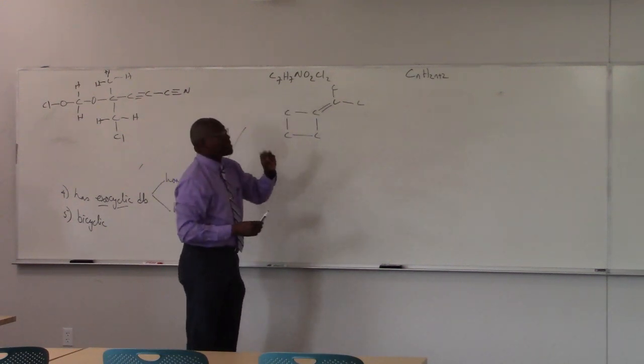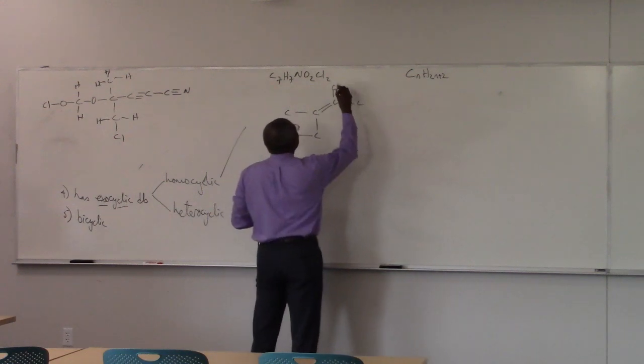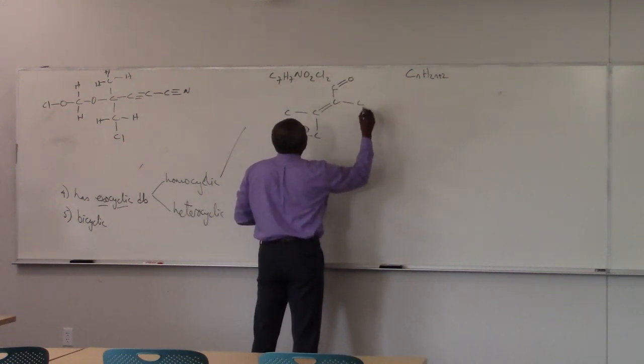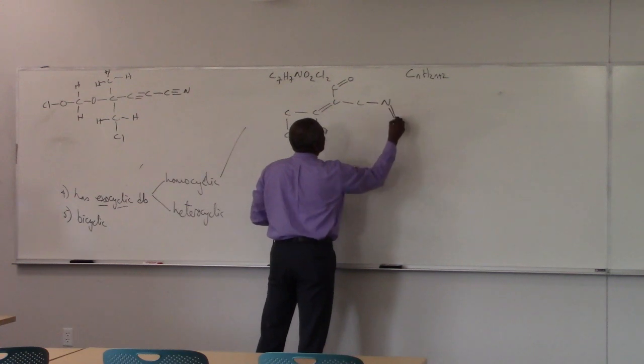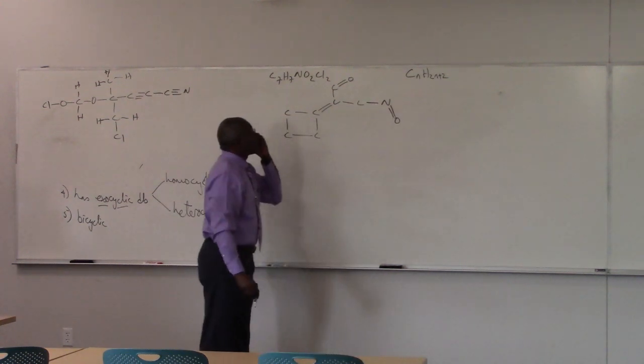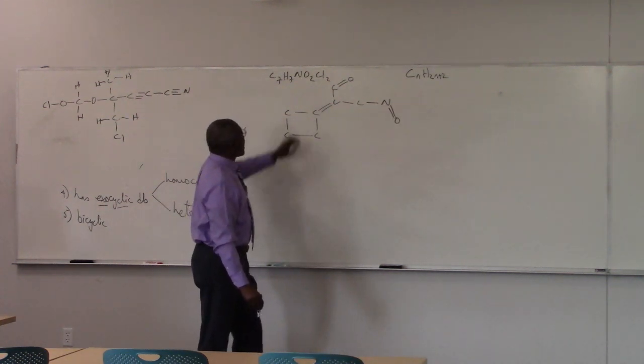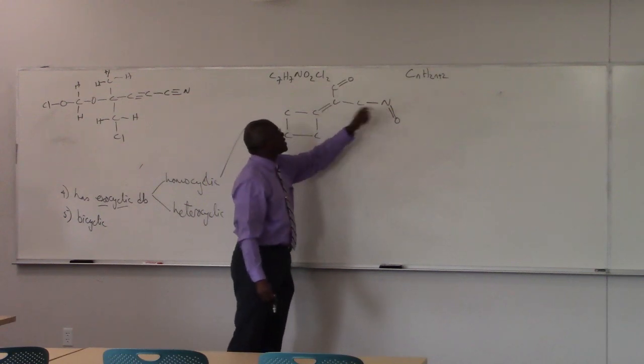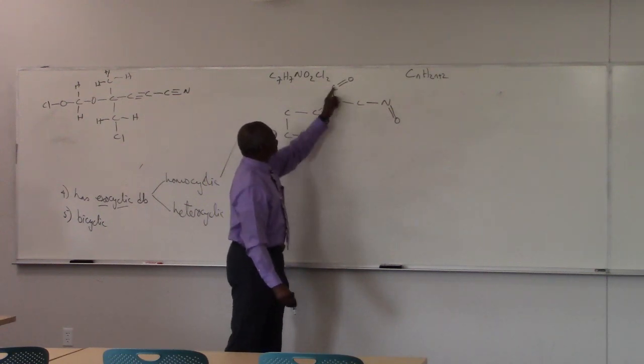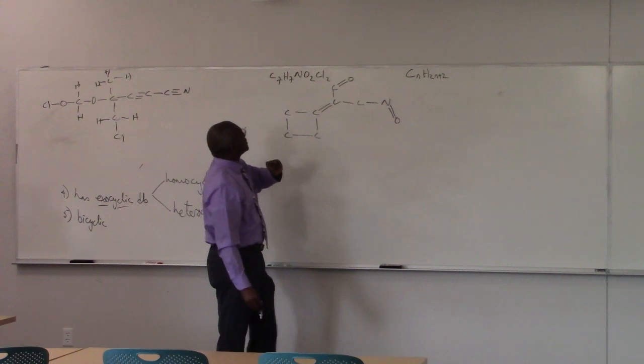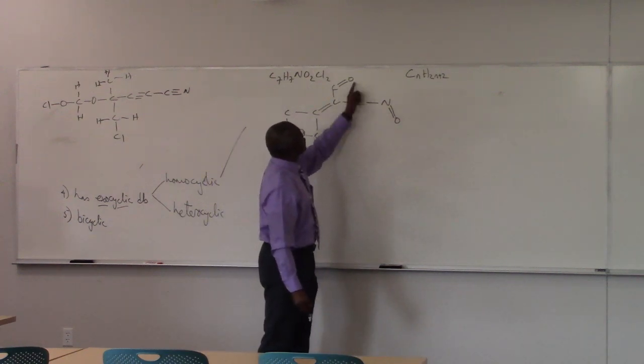I need 2 more HDIs. Why don't I satisfy those HDIs with a carbon-oxygen double bond? And why don't we do a bond to a nitrogen and do a nitrogen-oxygen double bond? So now I have 4 HDIs, I have 7 carbons, I've got 1 N, I've got 2 O's.